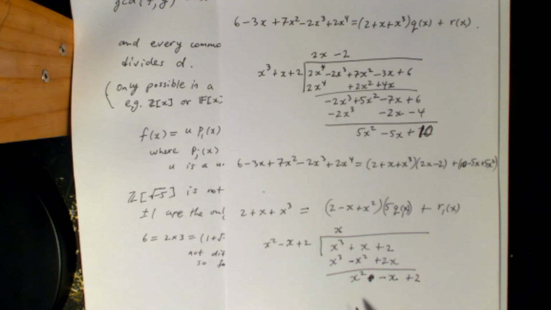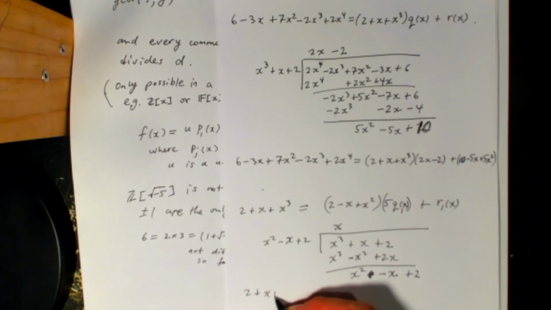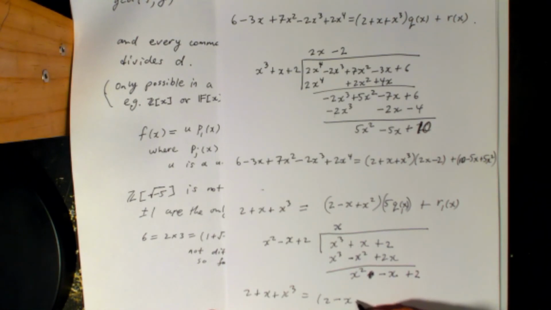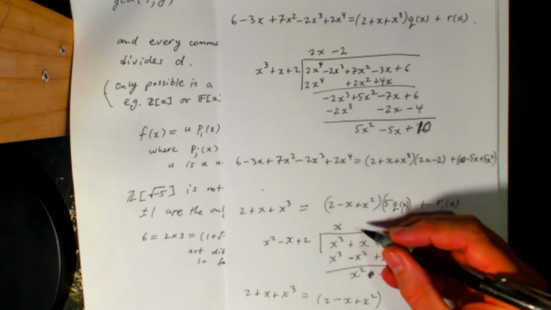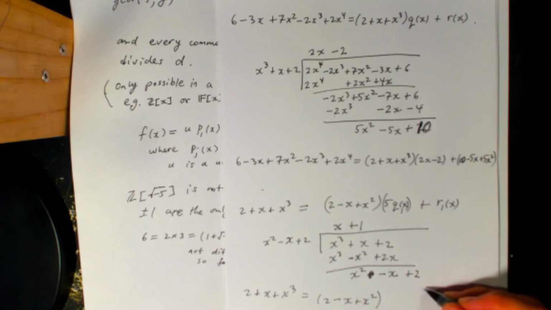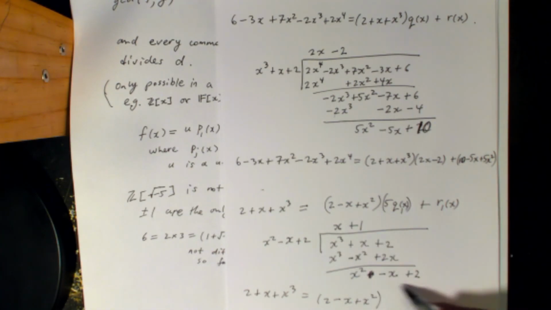Okay, so what I have then is that 2 plus x cubed is equal to 2 minus x plus x squared, taking this, multiplied by, alright, and this, actually I haven't finished that because there's a plus 1 there, and then I take a difference, right? Okay, yeah, I'm just seeing that those two are the same, but I really need a plus 1 here. Then multiply that out and take its difference, and I get 0. So I have a 0 remainder here.